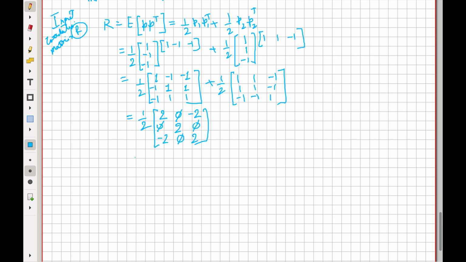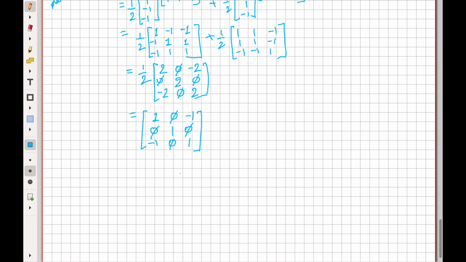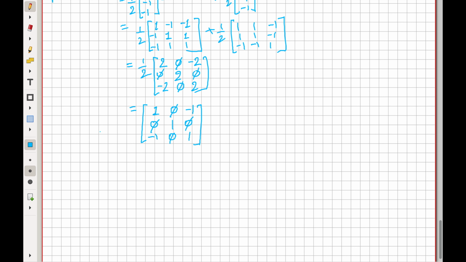And so we divide all of this by 2. What we get is 1 0 -1, 0 1 0, -1 0 1. Awesome. So this is the input correlation matrix R that we have.